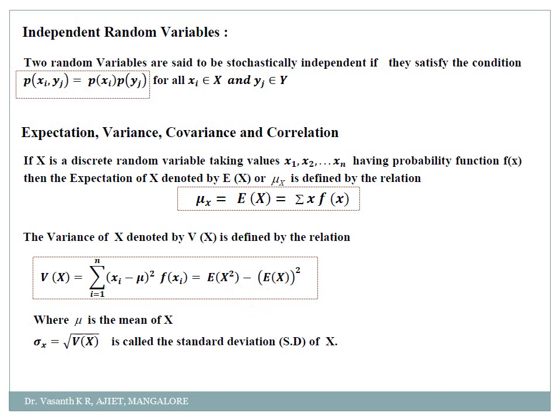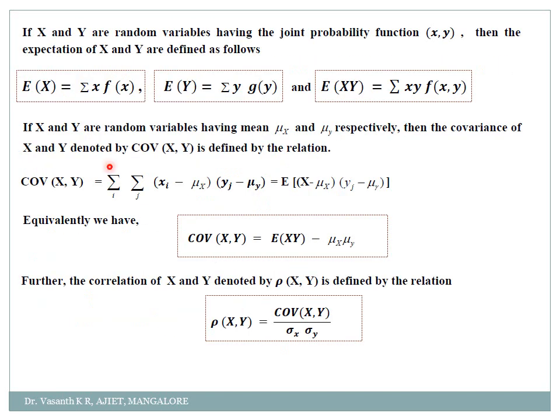That's it, okay. But the important point comes in the next slide, my dear students. So you can observe here, if x and y are together, meaning two random variables having the joint probability function f of xy, then the expectations of x and y together are defined as follows.